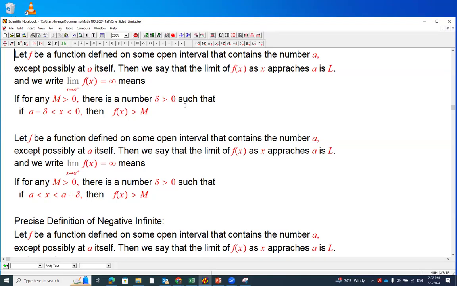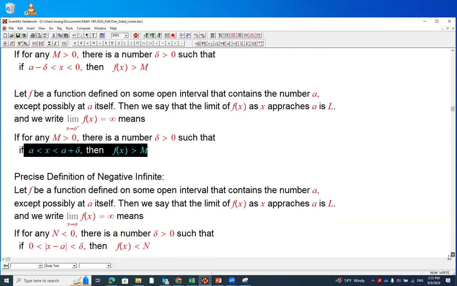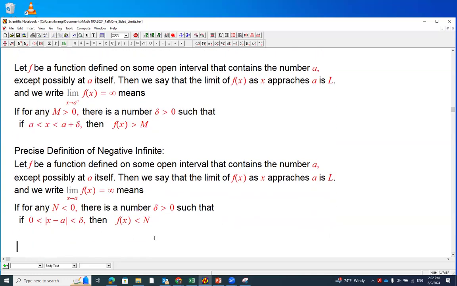It's the left limit approaching infinity, and this is the right limit approaching infinity. And approaching negative infinity is interesting. So for any N less than 0, there is a number delta such that f of x is less than that, a negative number chosen arbitrarily.